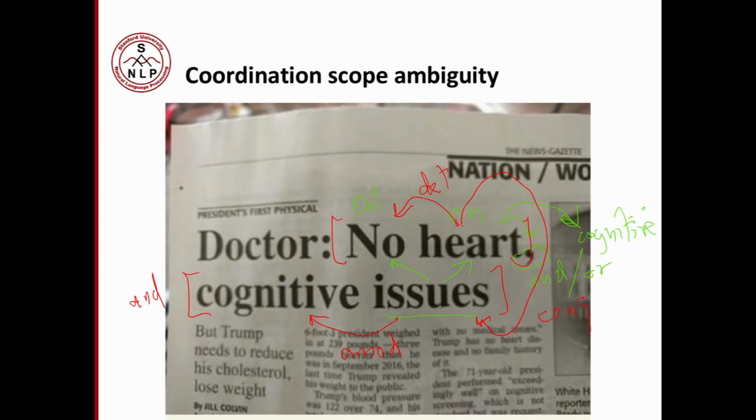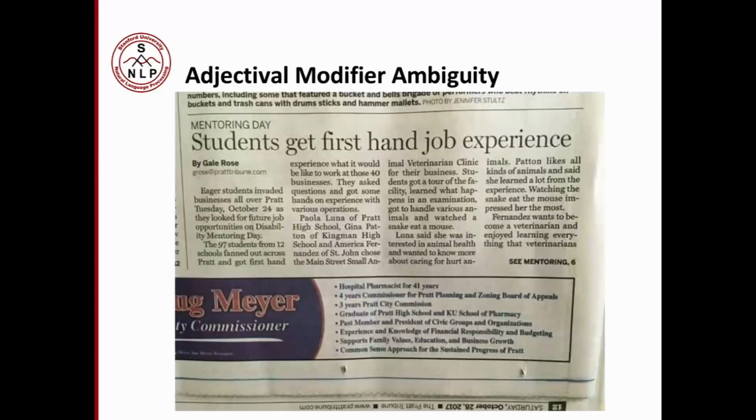I've got more funny ones. "Student gets first-hand job experience." Okay, what the person who wrote this intended is an adjective modifier ambiguity. The intended reading was that first is an adjectival modifier of first-hand, and it's first-hand experience.